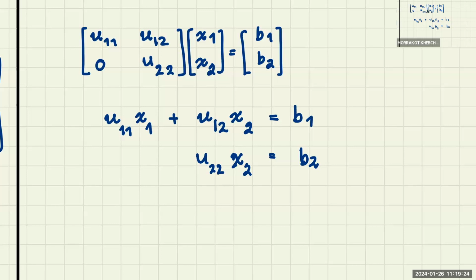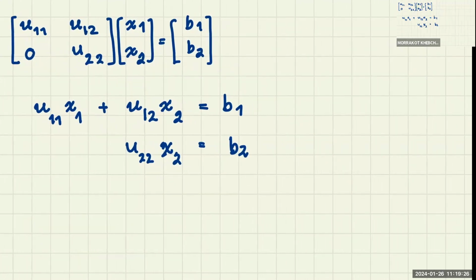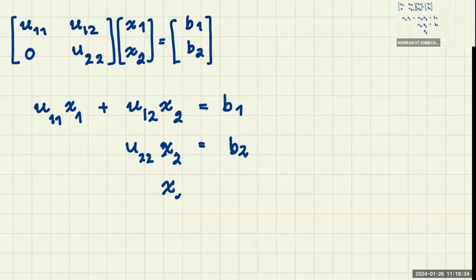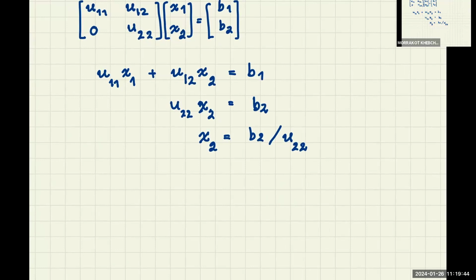So what will you get from this? You will use this last equation first. You will get that x2 is b2 over u22. Okay. Once you get x2, you can get x1. You plug in x2 here and solve for x1.